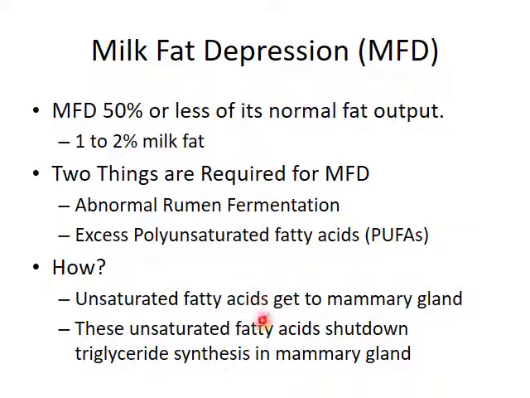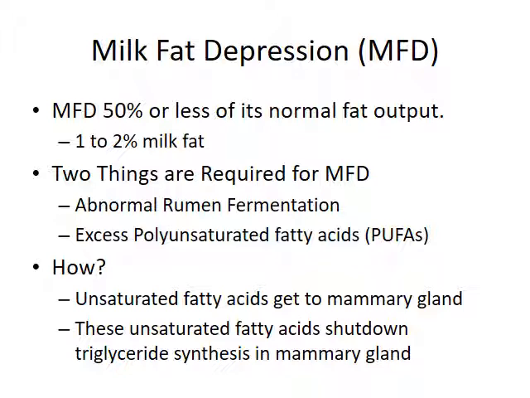My nutrition is being compromised in some way, shape, or form. It's not extracting fat. So what the mom does, the udder does, is saying, "Hey, I'm going to take care of myself first. The calf's going to have to suffer." So excess unsaturated fats shut down triglyceride synthesis in the mammary gland. We know that the synthesis of triglycerides in the mammary gland accounts for half of the milk fat.